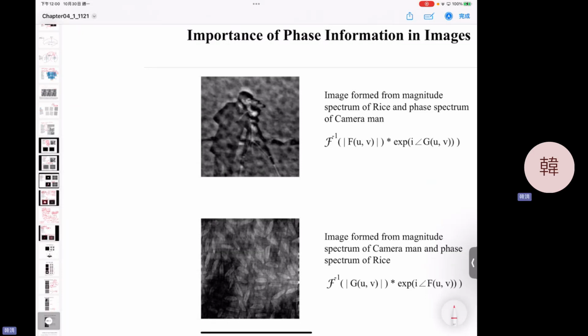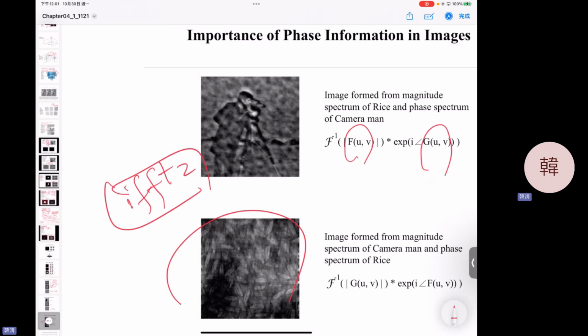Maybe the wrong phase spectrum is combined with the wrong one, F and G: the rice amplitude spectrum with the cameraman phase spectrum, and the rice phase spectrum with the cameraman amplitude spectrum, and then apply the inverse Fourier transform, IFFT2. So you have a Fourier transform, and you can inverse transform it back to your spatial image to look at the result. But very important, don't use the wrong phase.